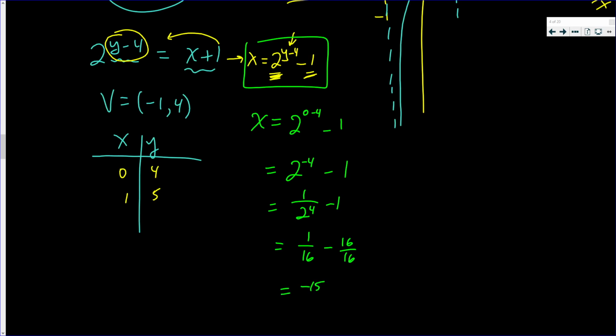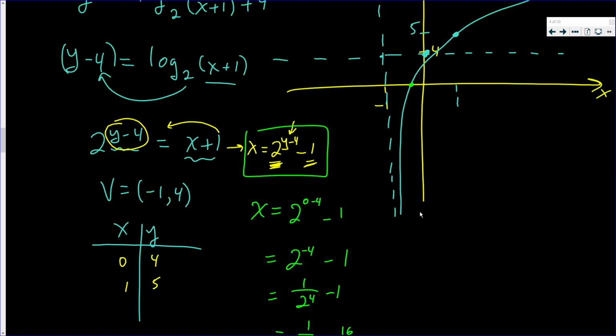So again, negative 15 over 16. So that x value right there is negative 15 over 16. And we found the y-intercept. It doesn't look like it crossed at 4, but it was supposed to. And there's your perfect graph.